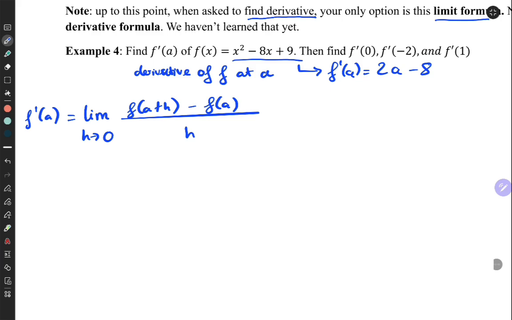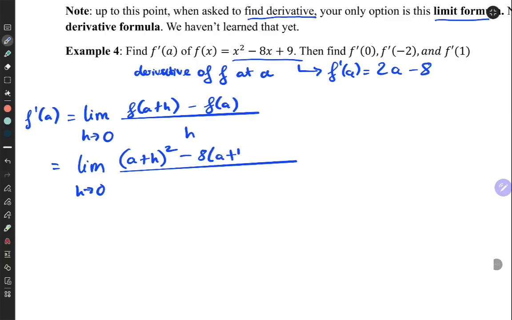Okay, do it. Try that. Work in the group. Simplify that. To help you, start the first step. The limit as h approaches 0 of (a plus h) squared minus 8(a plus h) plus 9, divided by h, minus a squared plus 8a minus 9. There, I helped you set that up already. Simplify that.